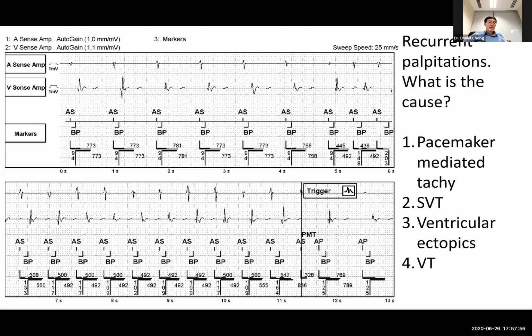Oh, okay. So this is what usually happens. When this particular A-sense is excluded from being tracked, in other devices it will be shown as A-sense in brackets, which means that it is effectively not sensed.